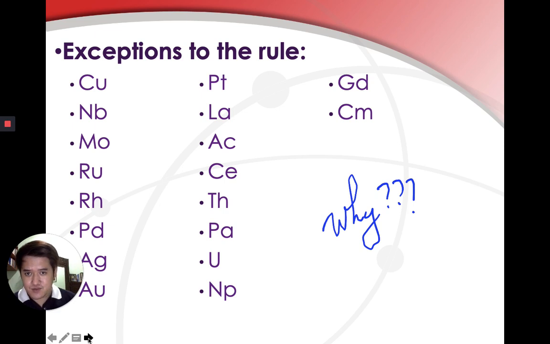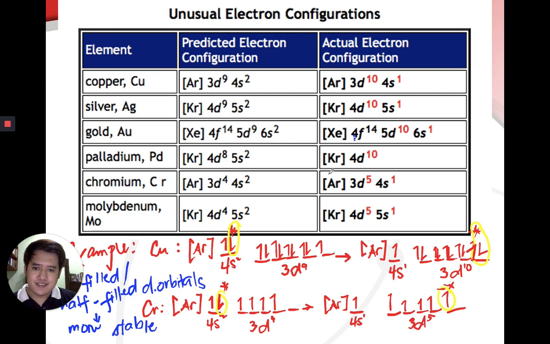What could have happened to the atomic orbitals of these elements? Common ones are copper, silver, gold, and you can also add chromium, Cr, here.